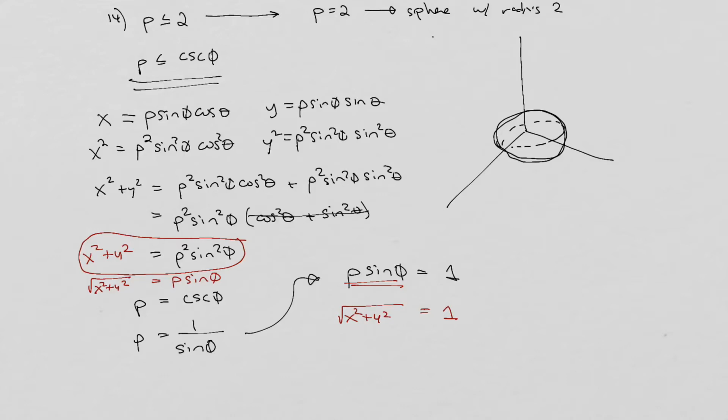Okay. All right, and in 3 dimensions, if you recall, this equation, x squared plus y squared equals 1, that's actually just a cylinder that goes up the z-axis that has a radius of 1. Right?